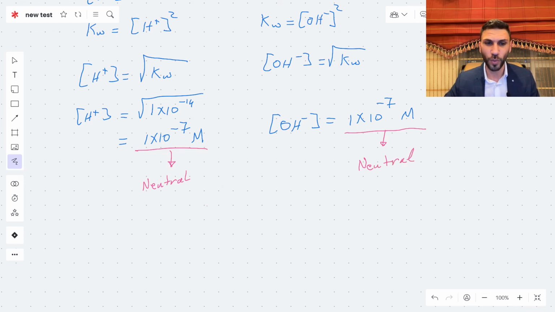That means when the H positive concentration equals 1 times 10 to the power of negative 7 molar, the solution is neutral.